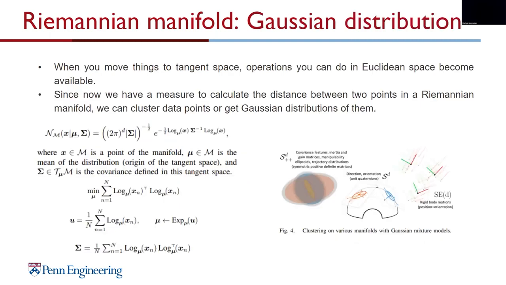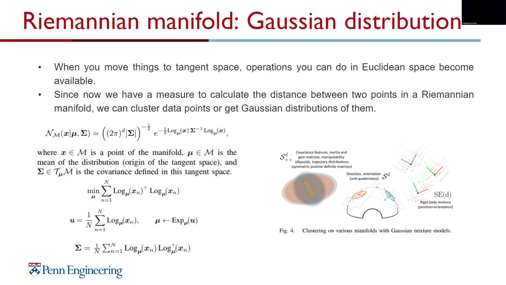When you move things to the tangent space, everything you did in Euclidean space becomes possible: calculating the mean, covariance, or clustering in Euclidean space, or measuring the distance. Everything is possible. So we can naturally think that getting a Gaussian distribution on this manifold is possible, because it's basically getting the mean, calculating the covariance in the tangent space, and then projecting it back down.